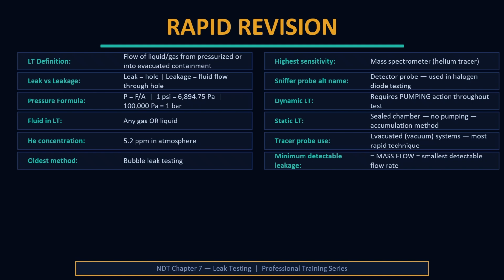Continuous pumping. Why perform leak testing? Safety. Reliability. Material conservation. Environmental protection. And regulatory compliance.